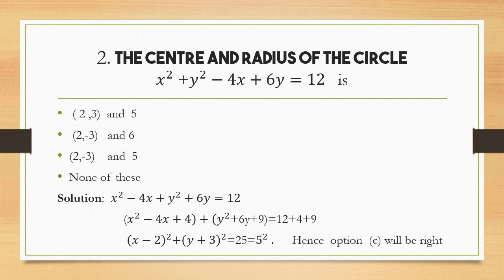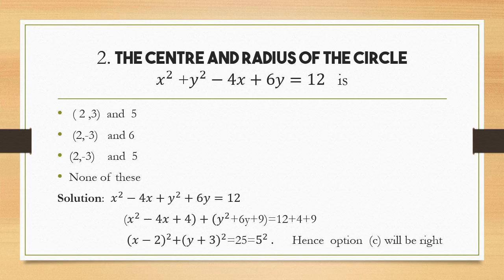Similarly, when I consider y square plus 6y, it looks like a square plus 2ab. On comparing, I get a square equal to y square, or a equal to y. Then 2ab equal to 6y, and since a is already known to you, you will cancel and be left with b equal to 3. Therefore, I will write y square plus 6y plus b square, that is 3 square, which is 9. So the term 9 is new to this equation.